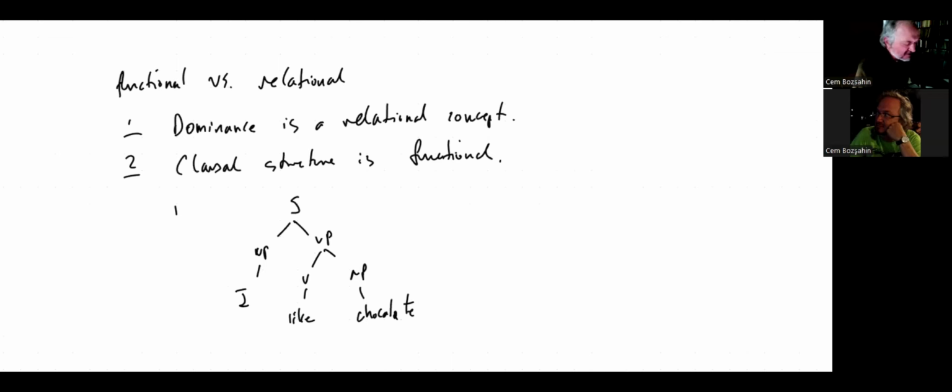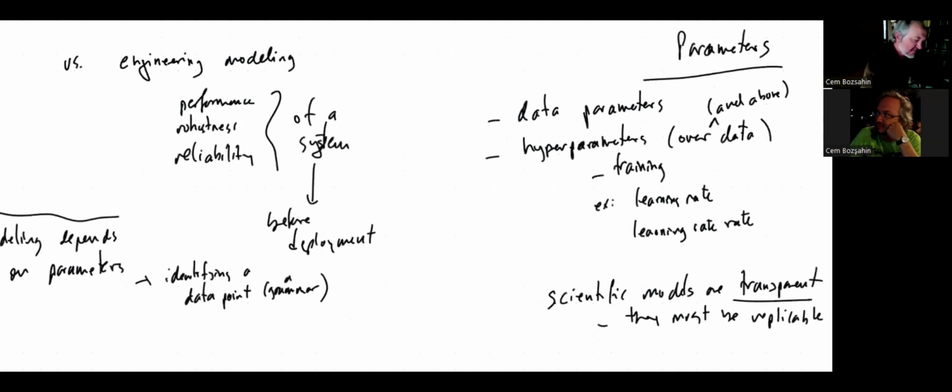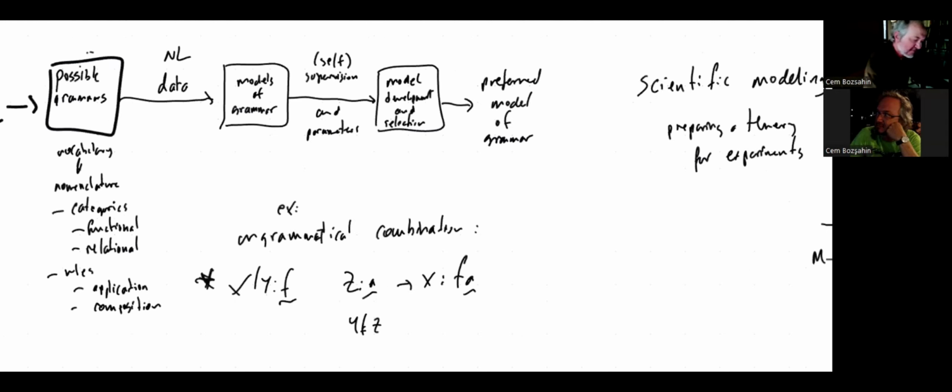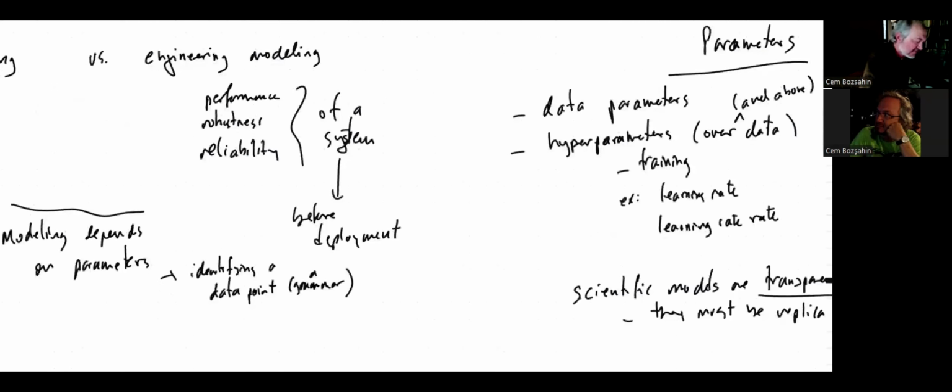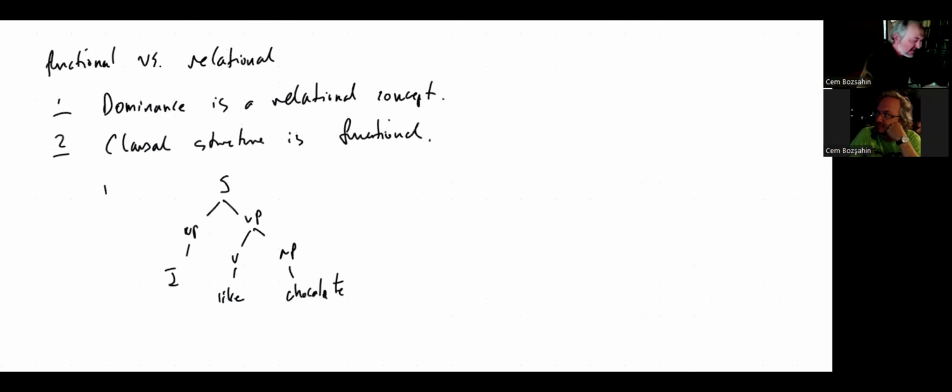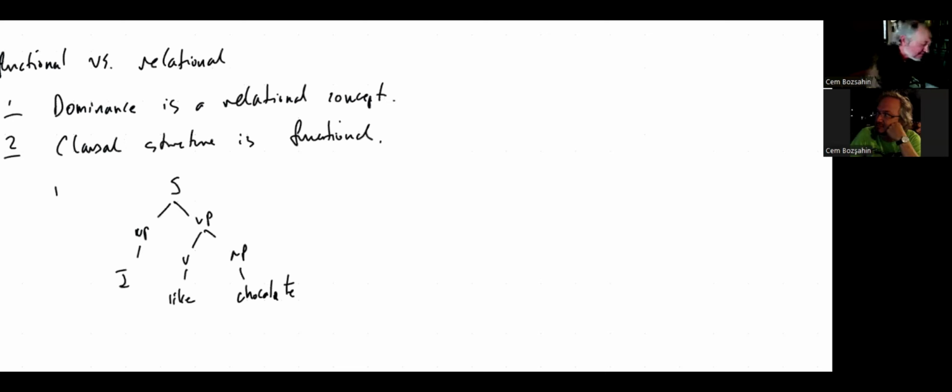The reason why it's functional is, if you read top down, S has two elements, NP and VP.